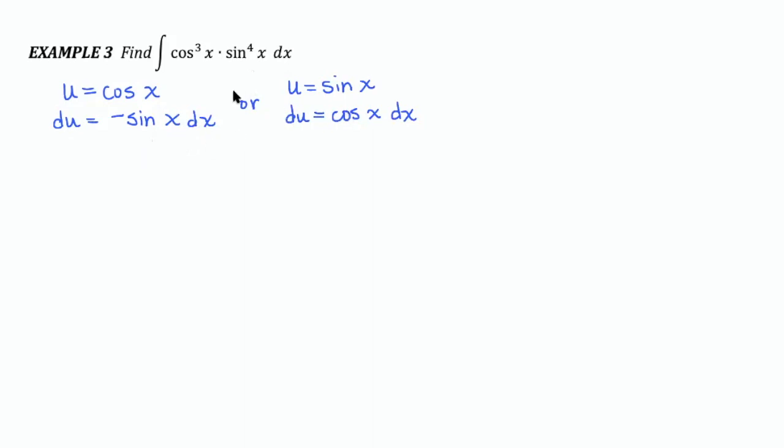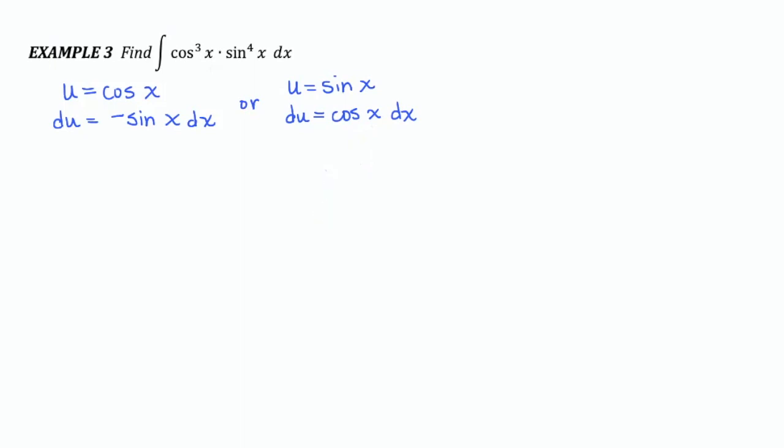So substitution does seem to play a role here. However, if I were to work off of sine, just because the negative is not there, and try to write my integral off of that, I have cosine cubed x, but in my du I only have cosine of x, so they don't quite match. I run into a problem as soon as I start.